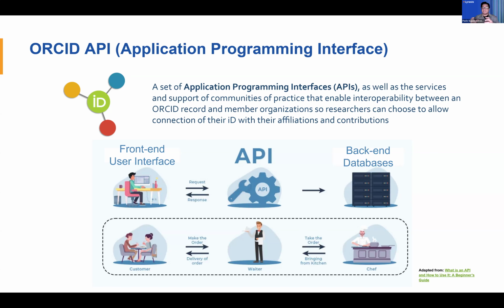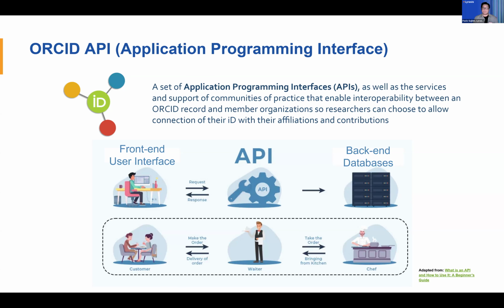The chef here are the databases in the back end, putting together the dish that you want as a customer. And once that dish is done, the chef will then hand that to the waiter and the waiter will bring that to you. So there's a request of the order, and then there's the response of what you want, the order essentially. So this is the basic concept of an API.